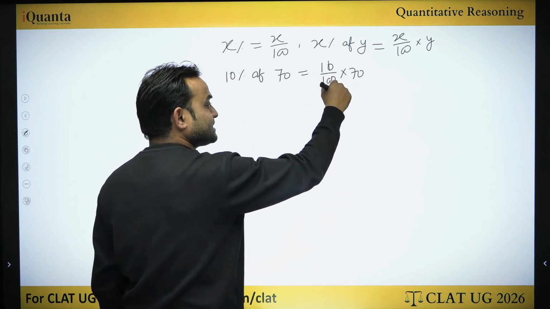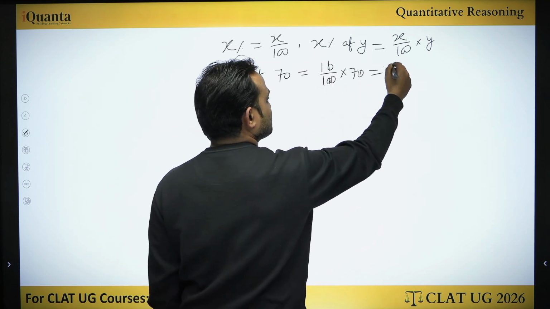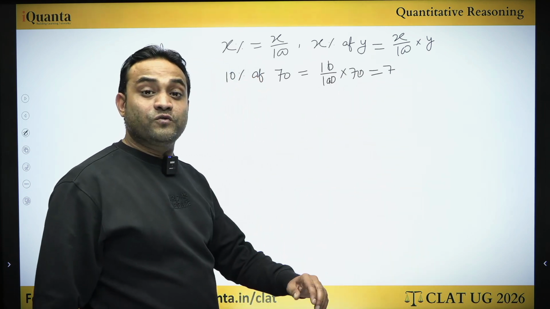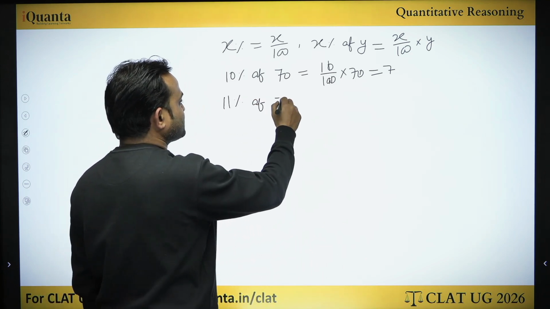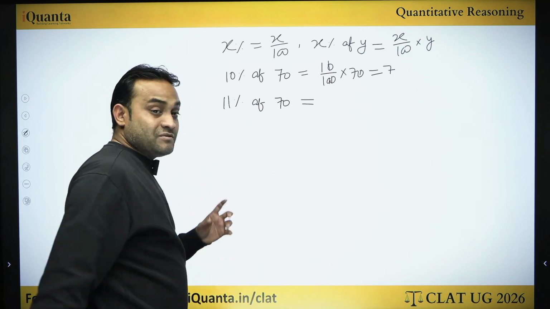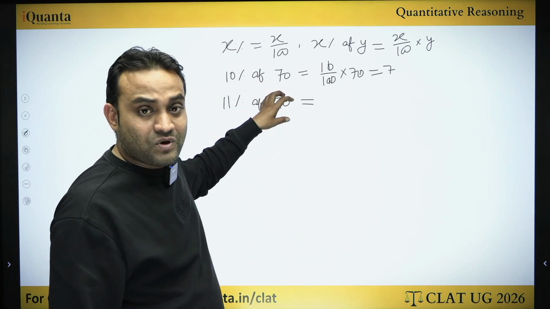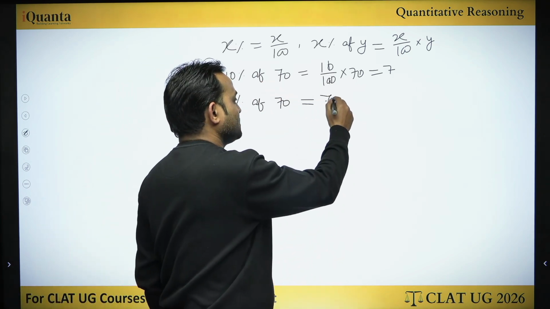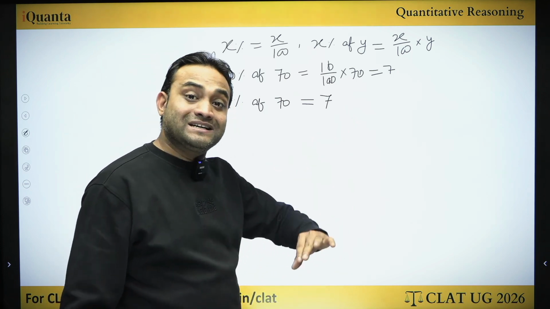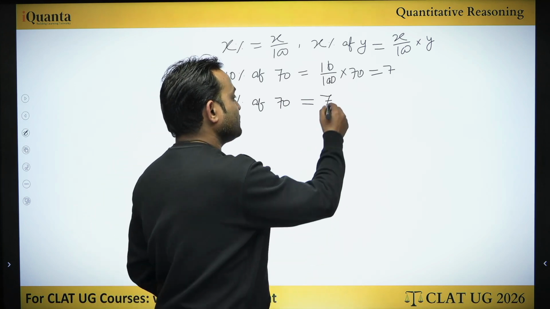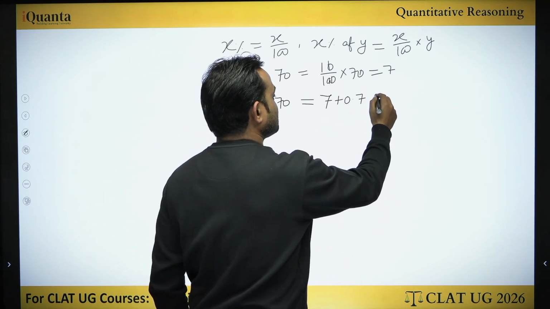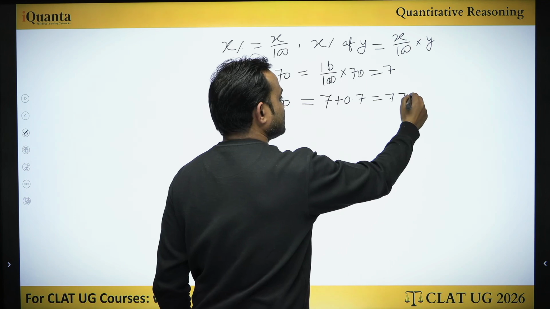Now 10% is nothing but 1/10, so this is equal to 7. But if I want to find 11% of 70, how do we do that? 10% is 1/10 of this, which is 7. And 1% will be 1/10 of 10%, right? So 1/10 of 7 will be 0.7. So that gives us 7.7.